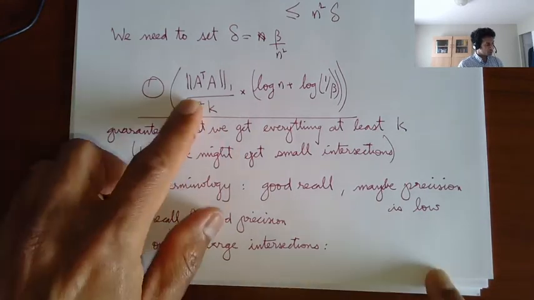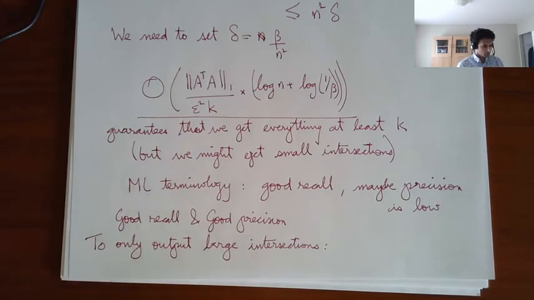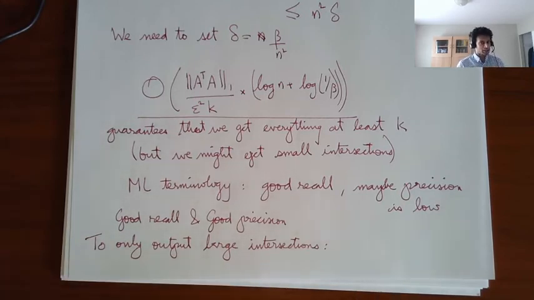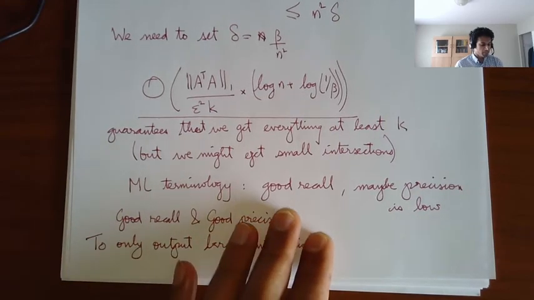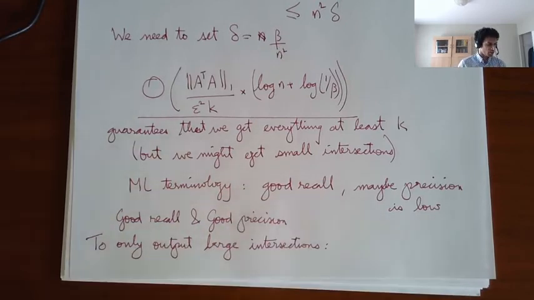Right now, if you didn't have that, let's just say you just sampled and you just output everything that you saw. There are reasonable odds that you will actually sample things whose intersection is small simply because of the randomness of the sampling. In some applications, that's okay. As long as you find everything whose intersection is large, it's okay to also output things whose intersection is small, because maybe you'll filter them away through some other process.